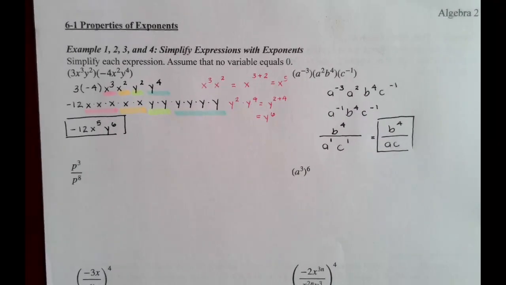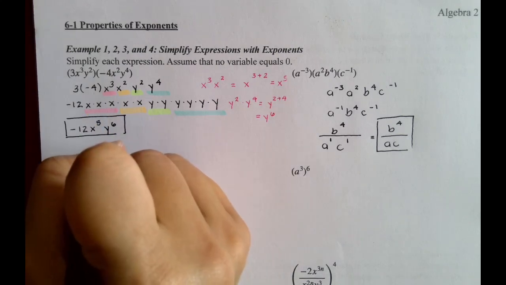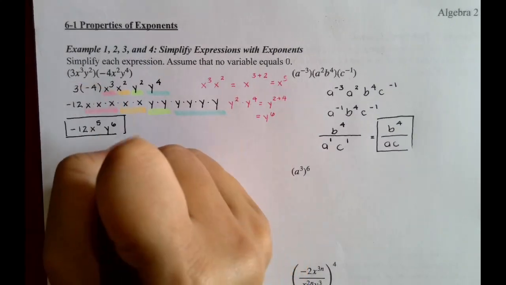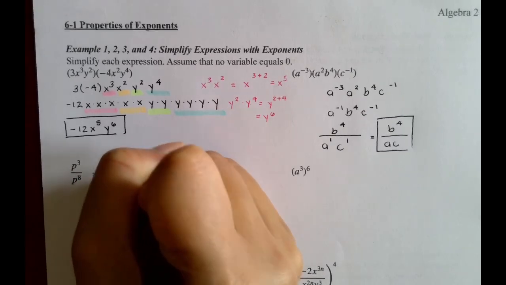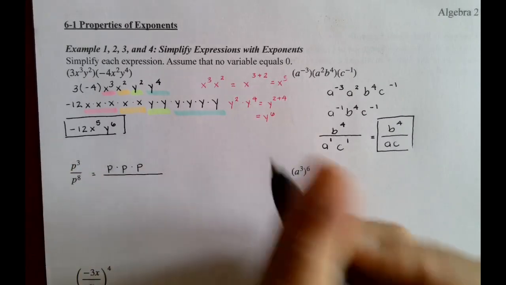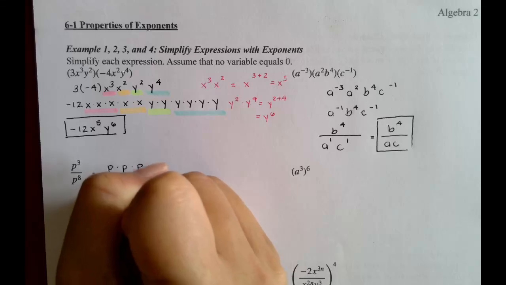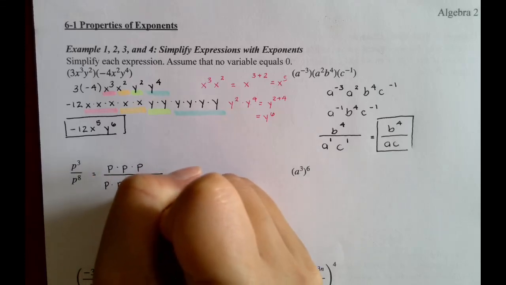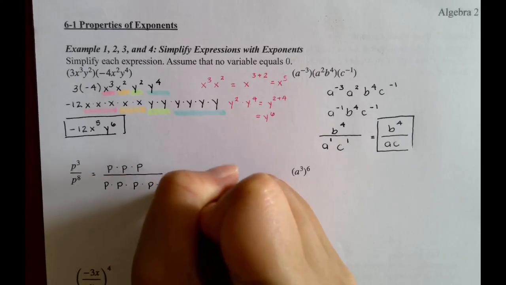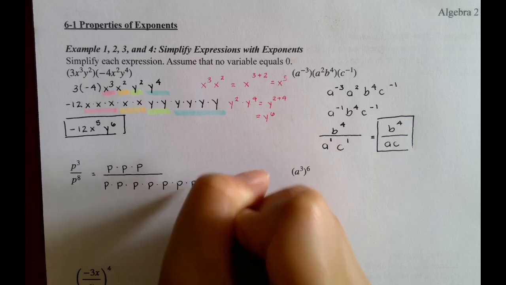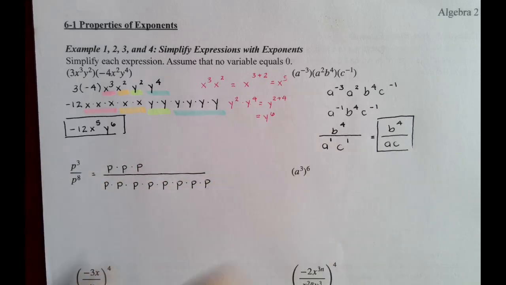Okay, then here's the next one, p to the third and p to the eighth. So let's go based on definition first. So p to the third is p times p times p, and p to the eighth is p times p times p times p, 4, 5, 6, 7, 8, right?